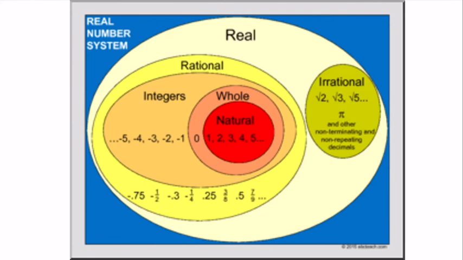So here's how the number system's contained. We've got the natural numbers. You add 0, you get the whole numbers. You add the negative numbers, you get the integers. You add all the fractions, you get the rational numbers, because remember, every whole number or integer can be written as a fraction over 1. Then you've got your irrational numbers, and all of those together make up the real number system.